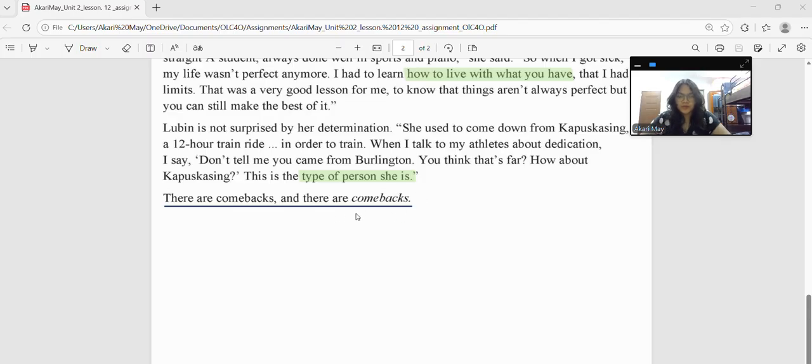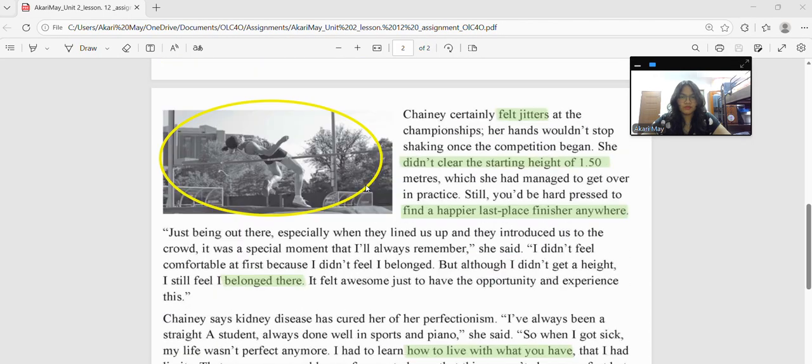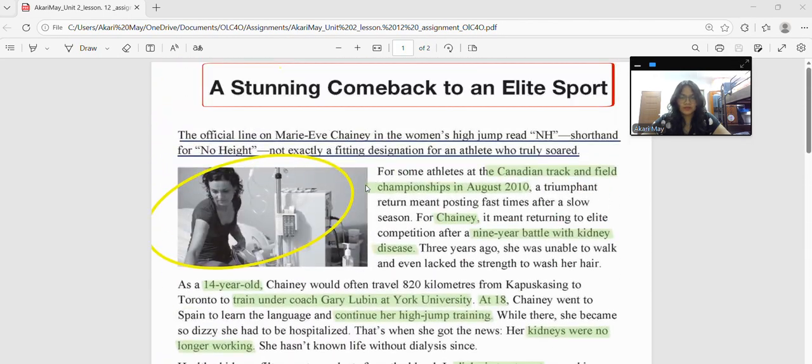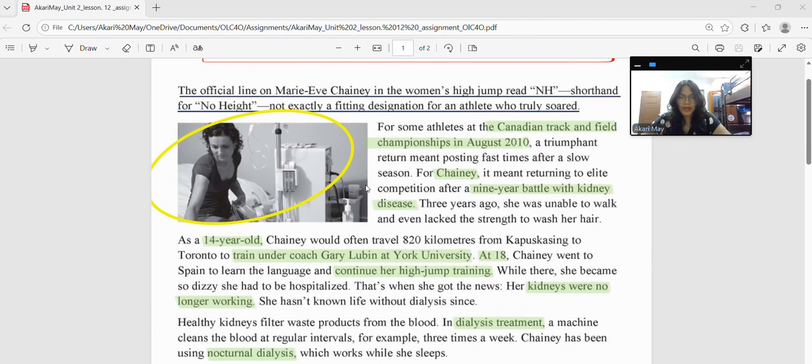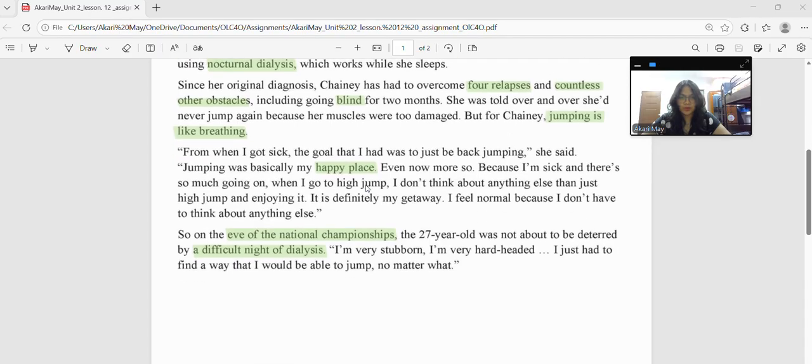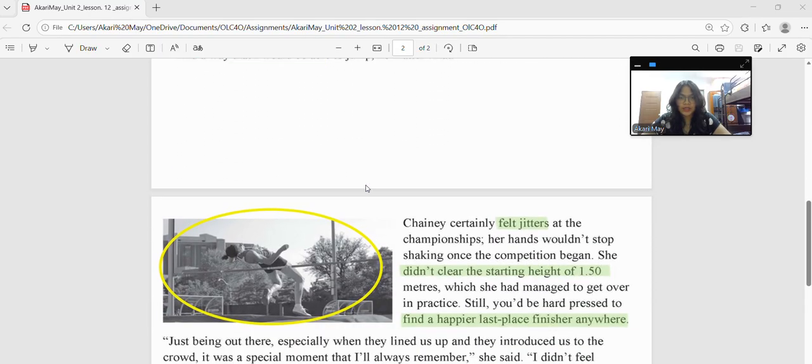So that shows that there are comebacks, maybe from normal or other professionals, but there are comebacks which show a wonderful return of a legend who can come back to any kind of life competition. So I think these are the most important reading strategies to read the task.